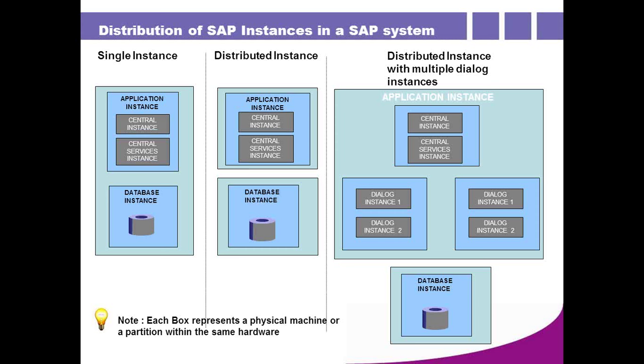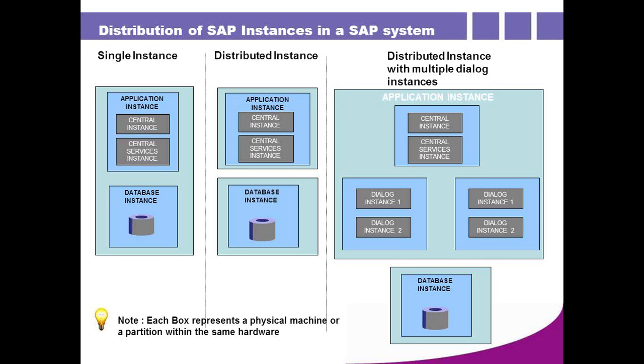So this is how we will use it: single system, distributed, and distributed with multiple instances. And don't take this as granted. This is one example of how 6 instances can be installed on 3 servers, but if you want 6 instances on 6 servers, that is up to your client requirement, how he wants to install and run his business.